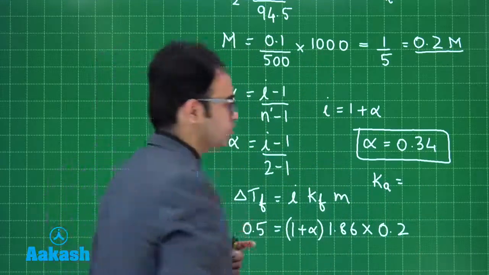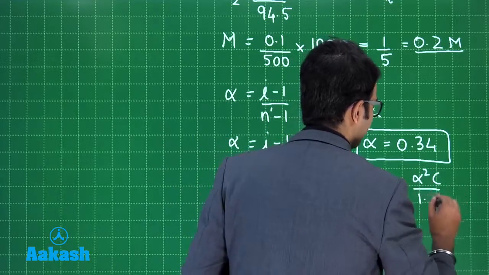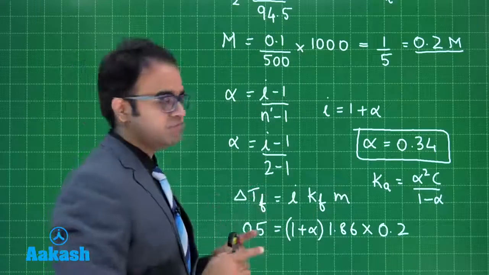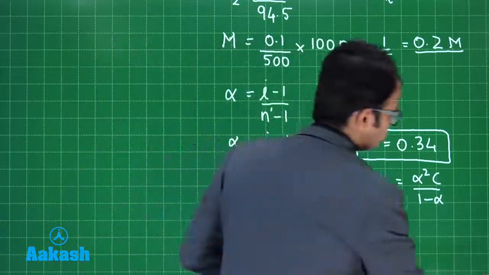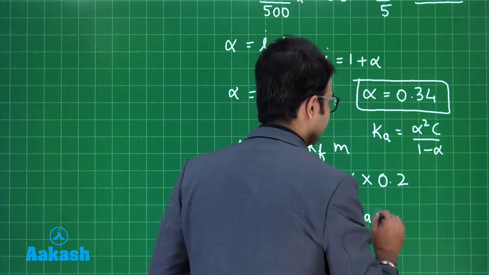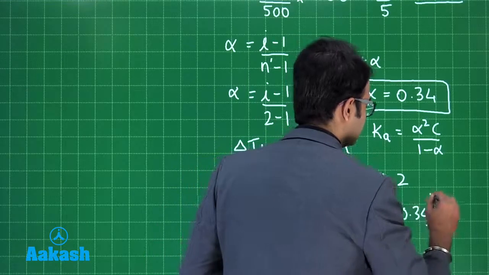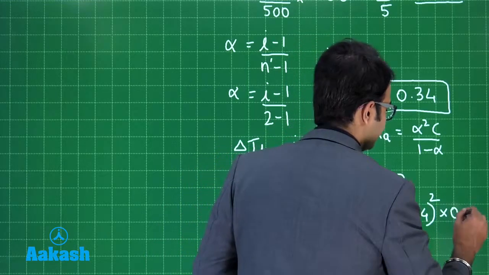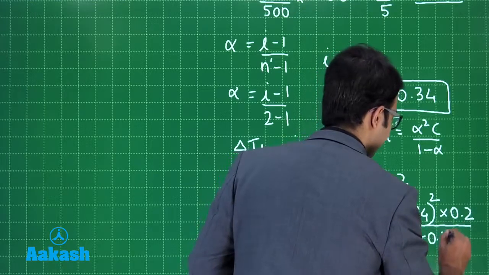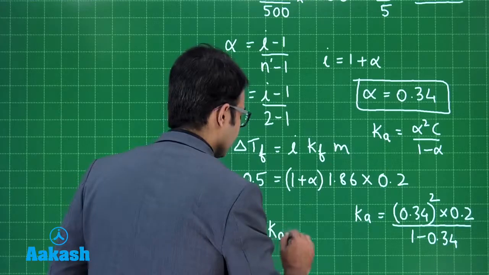So once I get the value of alpha, I'll substitute this in the equation of Ka. Ka is equal to alpha square C upon 1 minus alpha. Now let us substitute the concentration and alpha over here. So this is 0.34 square into 0.2 divided by 1 minus 0.34. So this will give me the value of Ka.